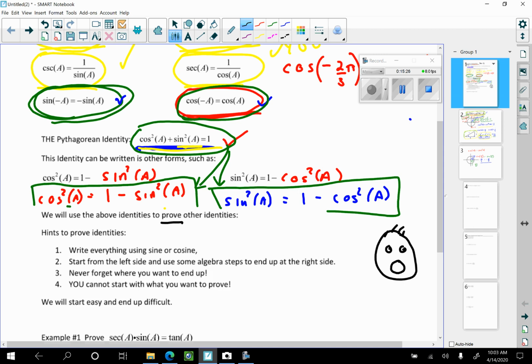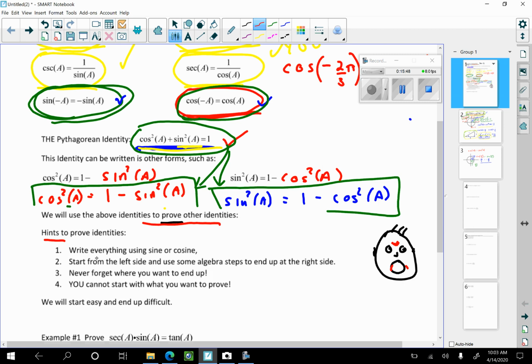Oh no! Or they're going to have this look. I'm angry. This can be a difficult topic, how to prove trigonometric identities.